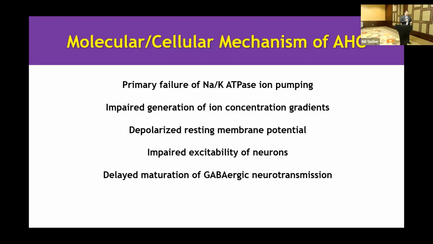And to put this into context a little bit, I think the excitability of the neurons and the defect in that is probably tied to the attacks of hemiplegia and dystonia in some way. The connection is not 100% clear yet, but that's what we think.